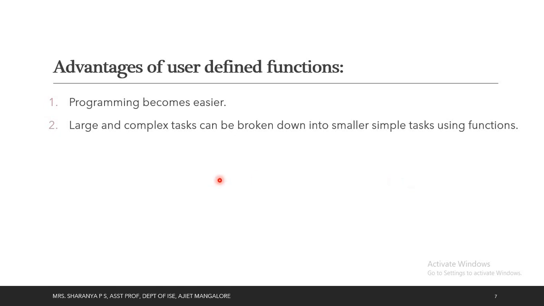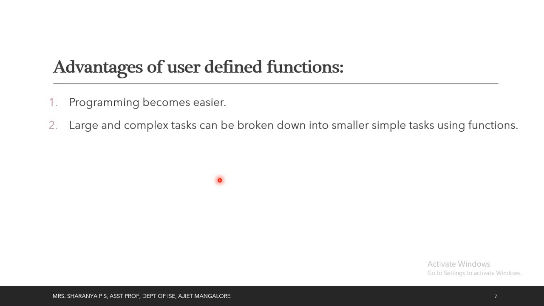I can give a best real-time example. Suppose we are constructing a building. This construction task which is done by the engineer will not be performed by him all alone. Rather, he will be distributing the task.